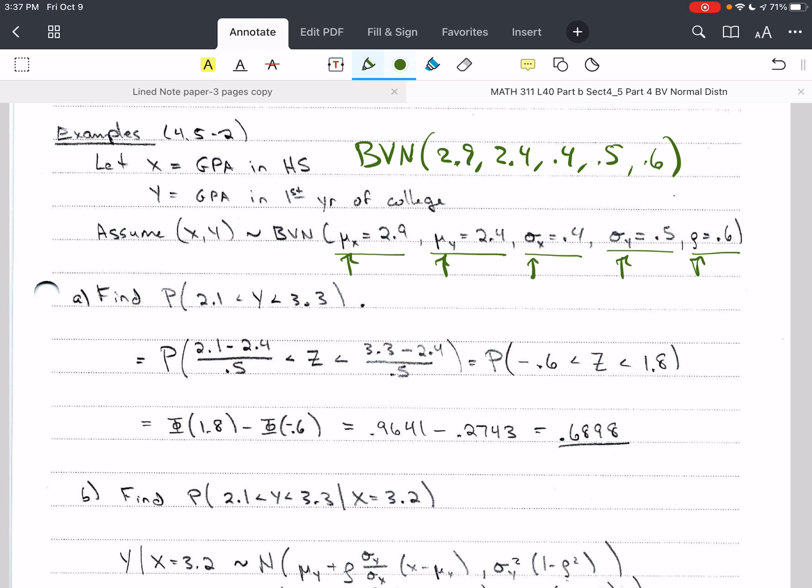We want to find the probability that Y is between 2.1 and 3.3.